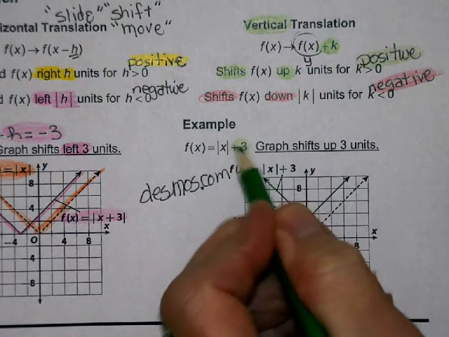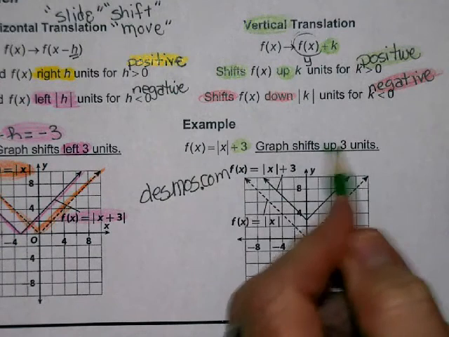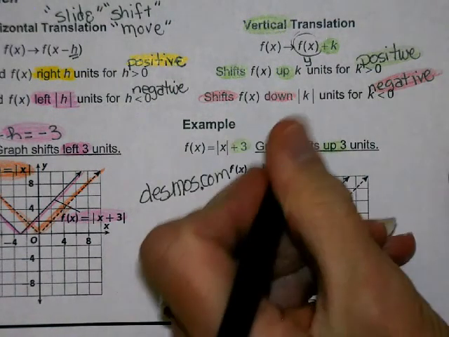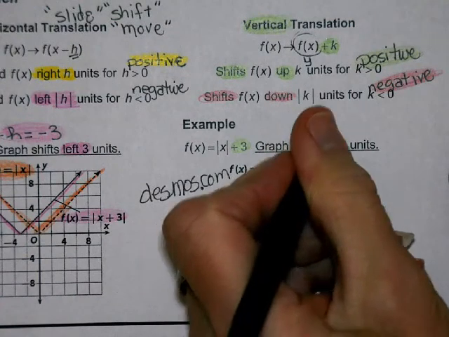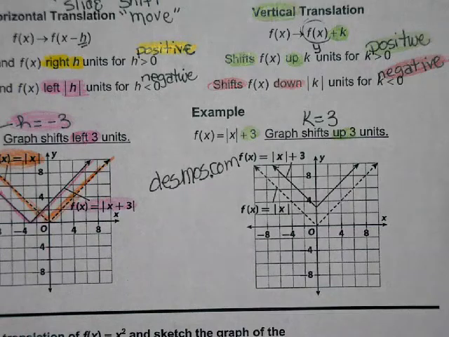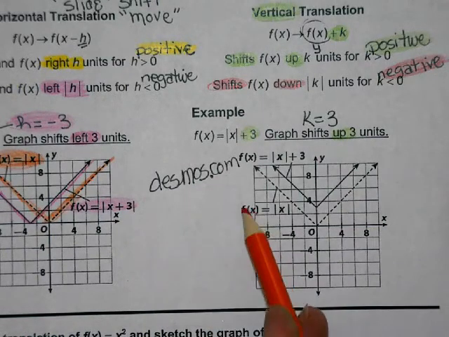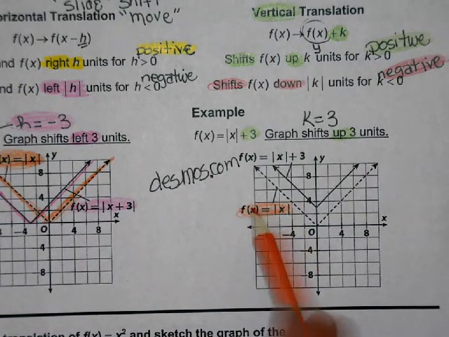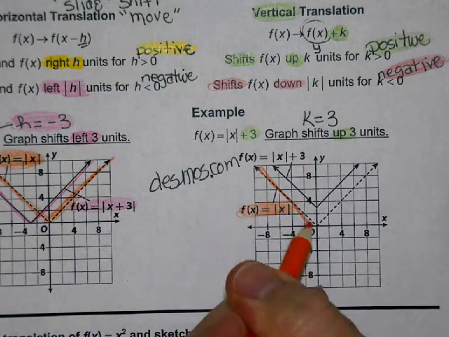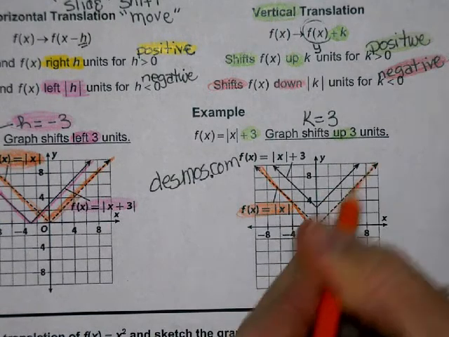So this guy is, what you see is what you get. K is 3. You go up 3. The parent function is the V function, absolute value of x, right?